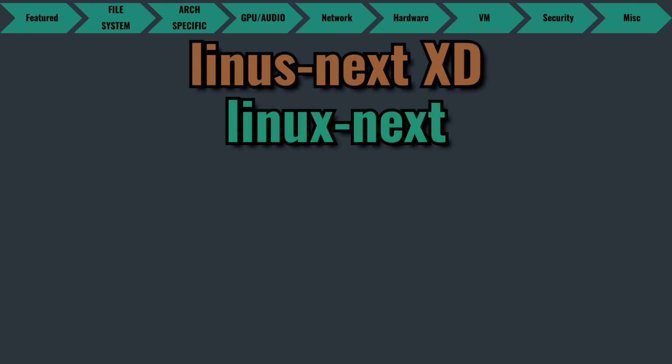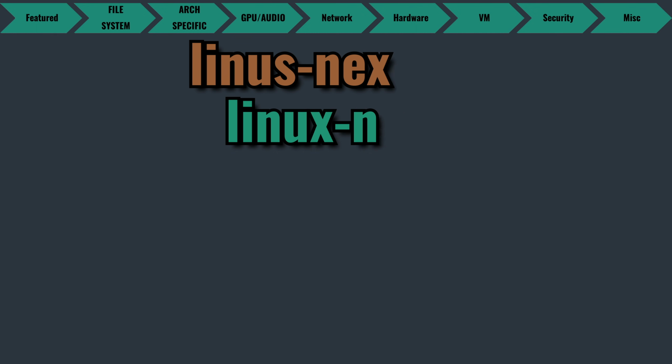So it kind of fixes a problem, and at the same time it creates one, because if really we have a new tree that is named Linus Next, well, that's confusing. Linux Next. Good luck with that. So I'm going to let the LTS kernel maintainer deal with that and defer to their authority. If they think it's a good idea, I'm gonna say it's a good idea.